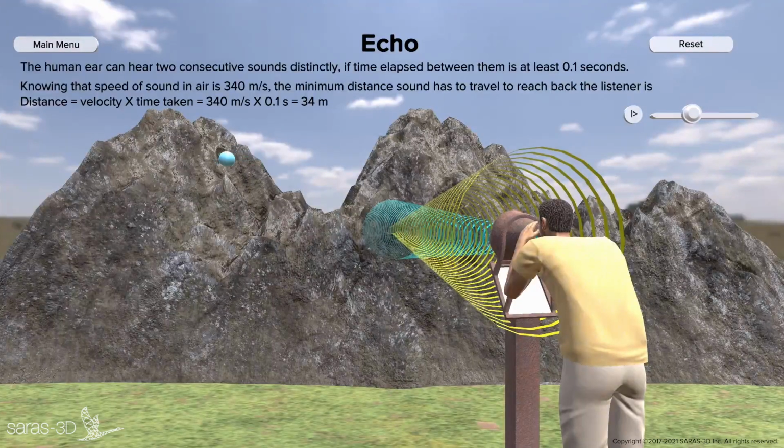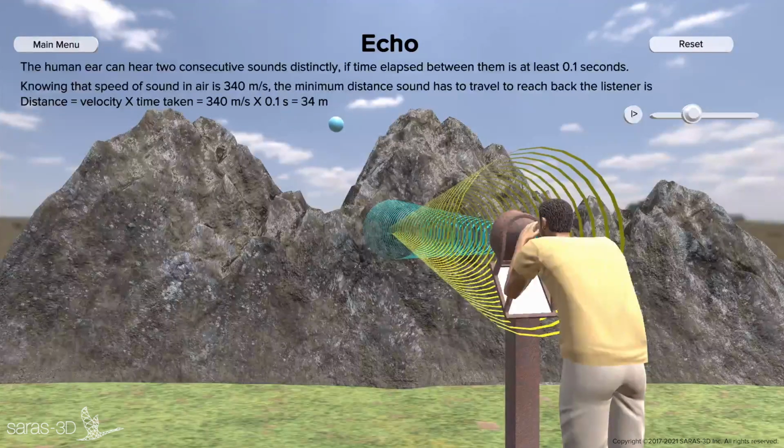So what does this imply for the distance between obstacle and the listener? Suppose at a given temperature near 25 degrees Celsius, the speed of sound is 340 meter per second. Then the minimum distance necessary for an echo to be heard is given by velocity into time taken. That is 340 meter per second into 0.1 second, the minimum time required, which is equal to 34 meter.